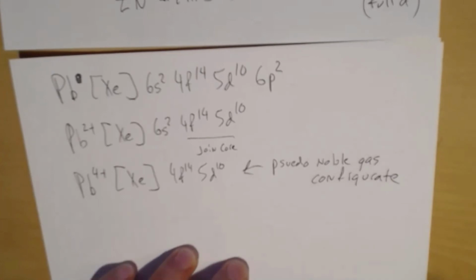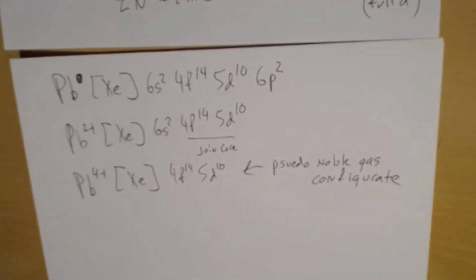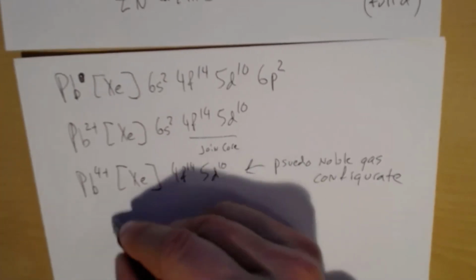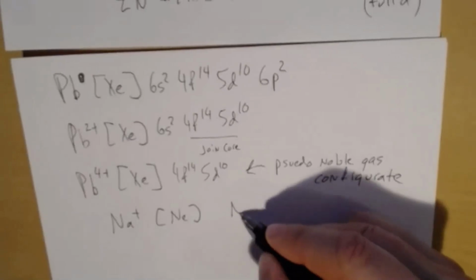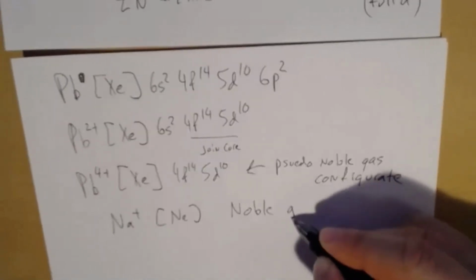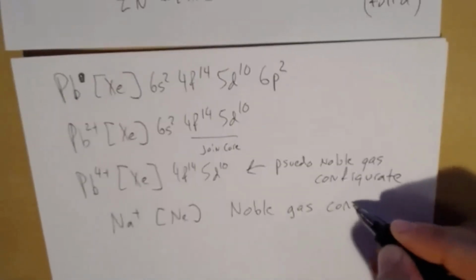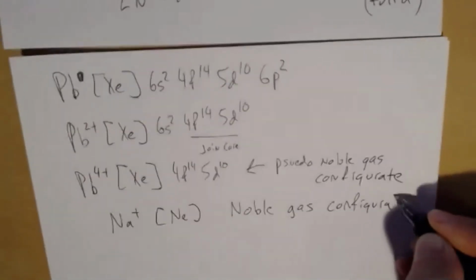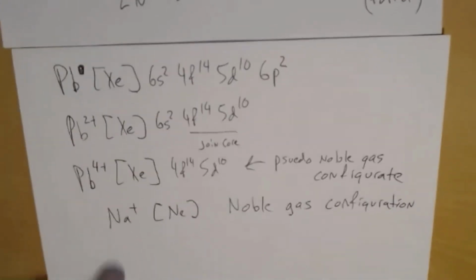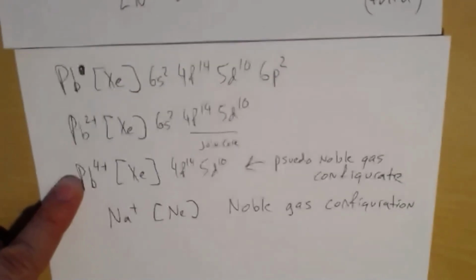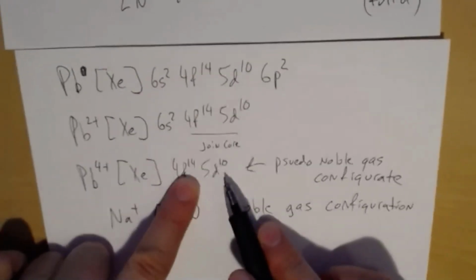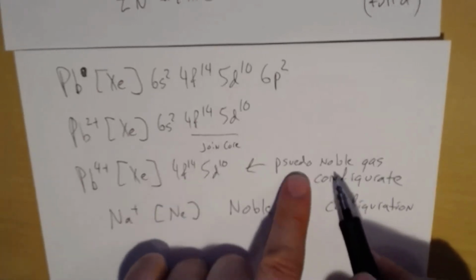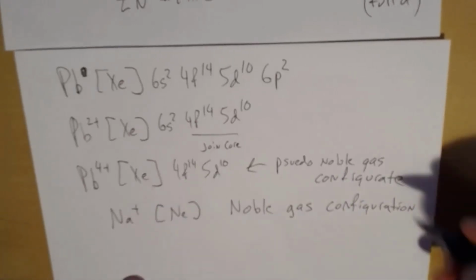The main group elements get a full noble gas configuration, like sodium gets sodium plus, which gets to be neon. That is essentially noble gas configuration. Lead can't get noble gas configuration because it would have to remove another 24 electrons. So lead gets something that's quite stable called pseudo noble gas configuration.